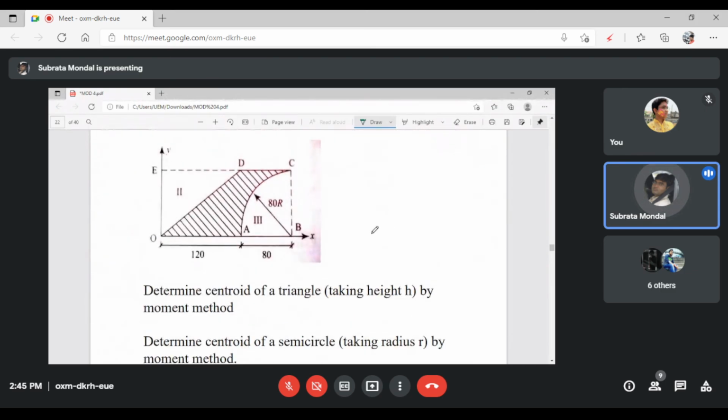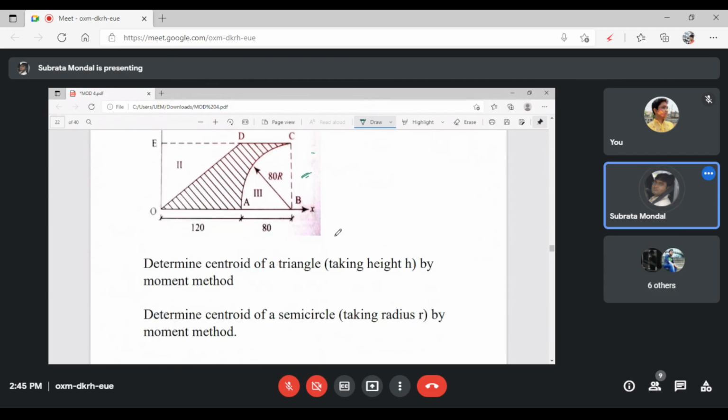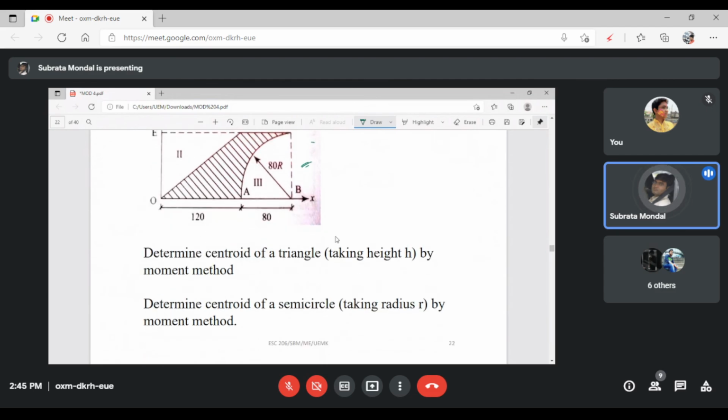This particular problem all of you try to solve by yourself. I will discuss this in my next class. And these two things also: determine the center of a triangle taking height h by moment method, determine the center of a semicircle taking radius r by moment method.